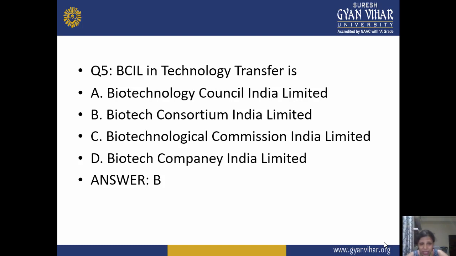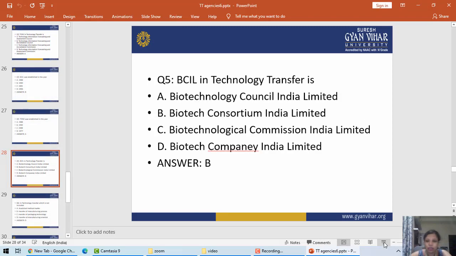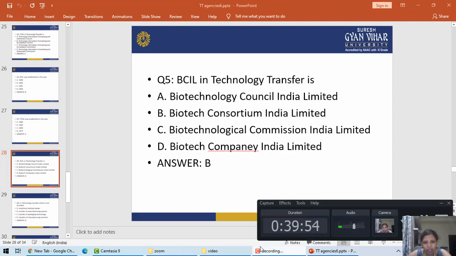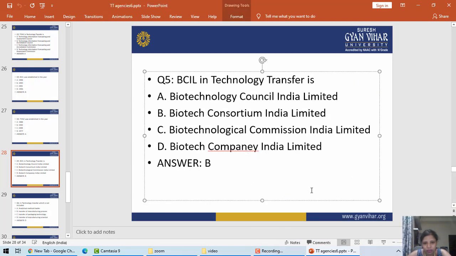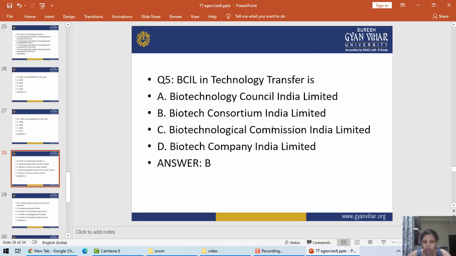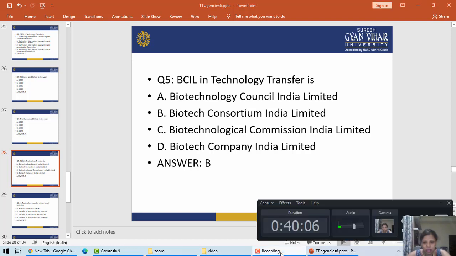So the right answer is Biotech Consortium India Limited. We have also discussed that there is a consortium related to biotechnology. Sorry, there was a mistake of the company. This is related to biotechnology.